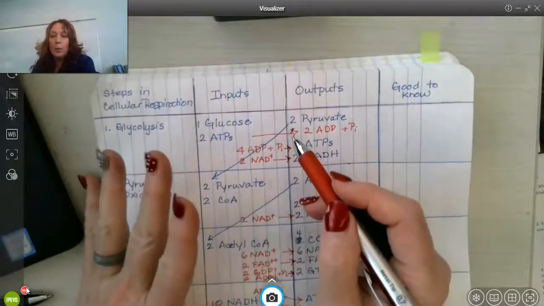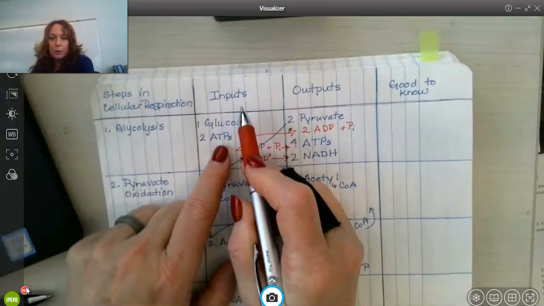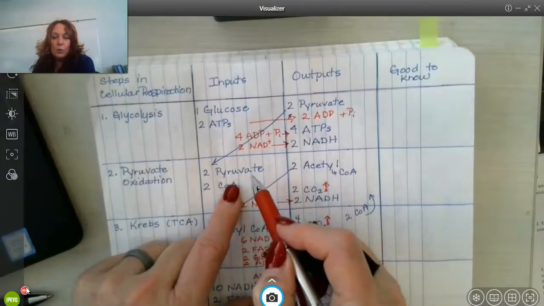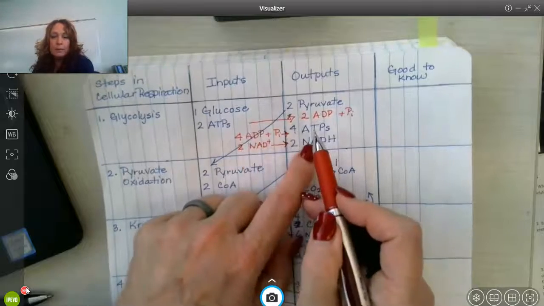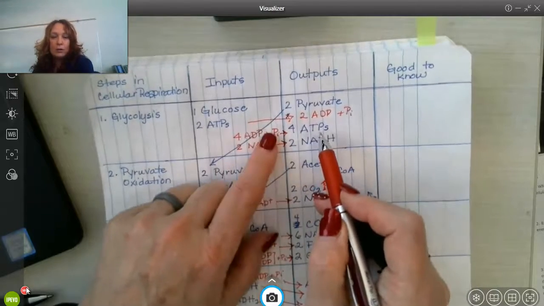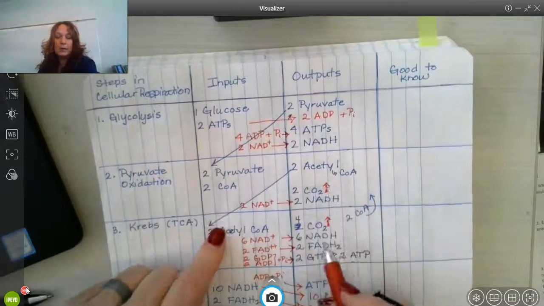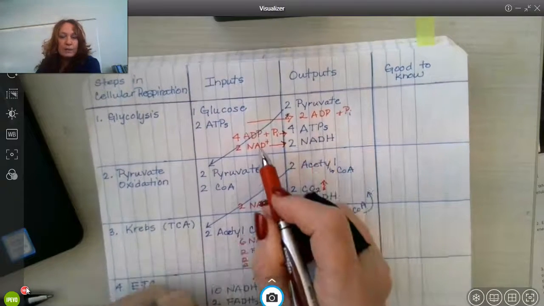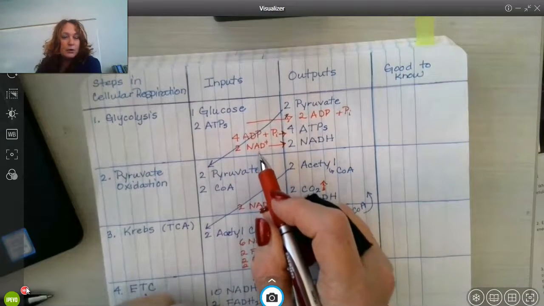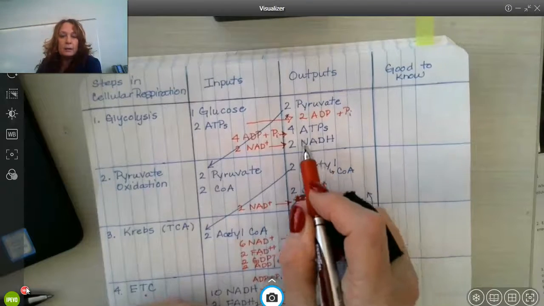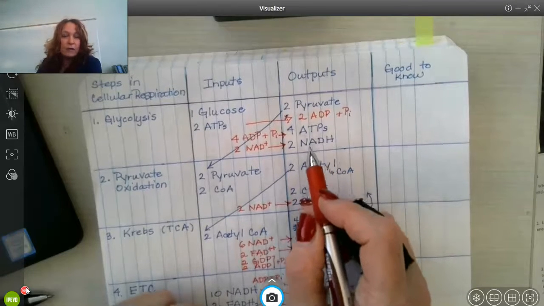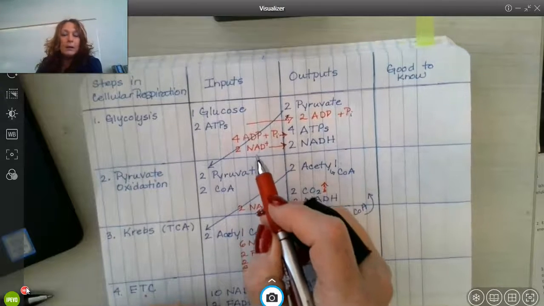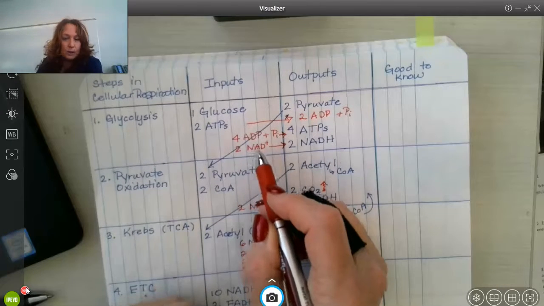So here's the point of it. It's really simple to say that, when I'm done, I'm going to make NADH from glycolysis, pyruvate oxidation, and Krebs. You're not, unless you have NAD available. So you cannot just make NADH out of nothing. There are precursor molecules that have to be available, which would be in this case the form which is NAD.